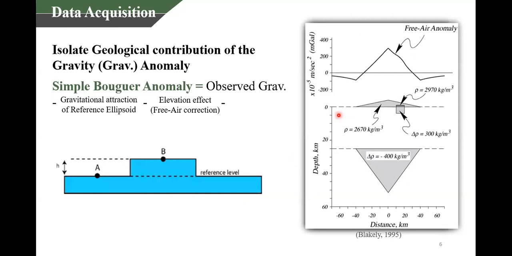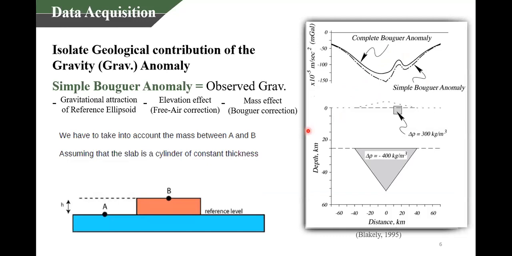But later, we also have to take into account the mass effect in the gravity measurement, because as you can see here, with only the correction of the elevation effect, we have a strong correlation of the gravity anomaly with the topography. So in this way, we finally get the simple Bouguer anomaly.